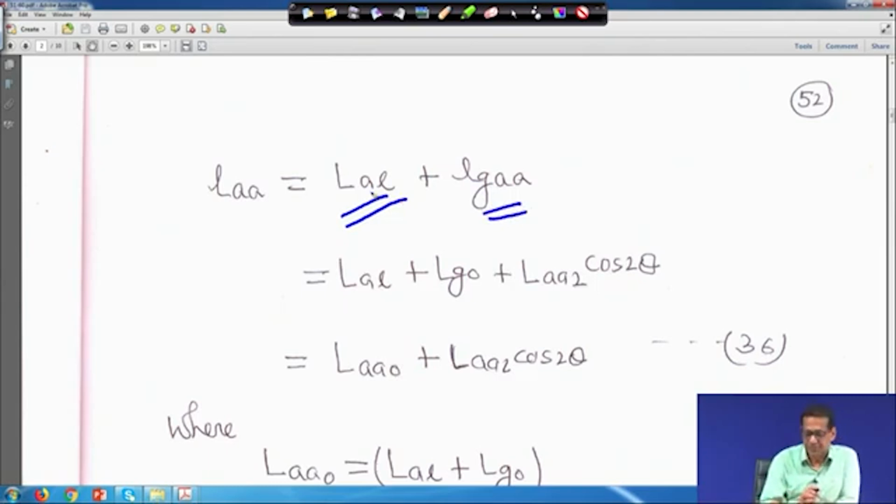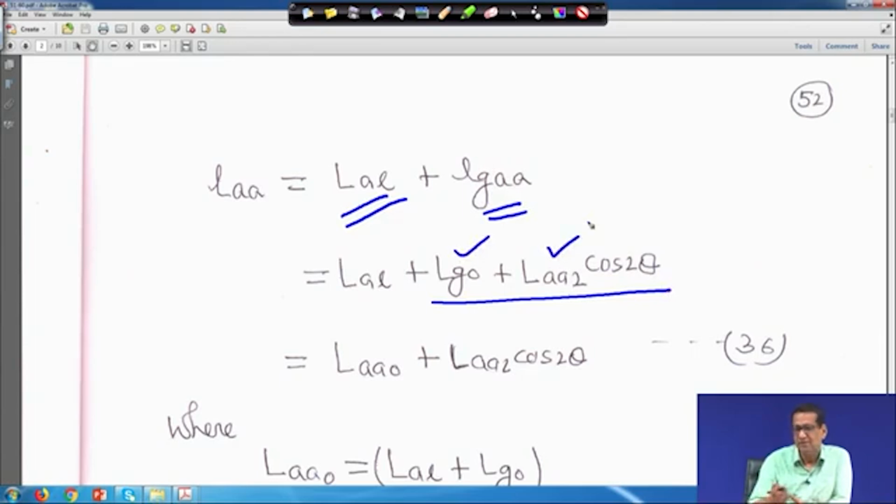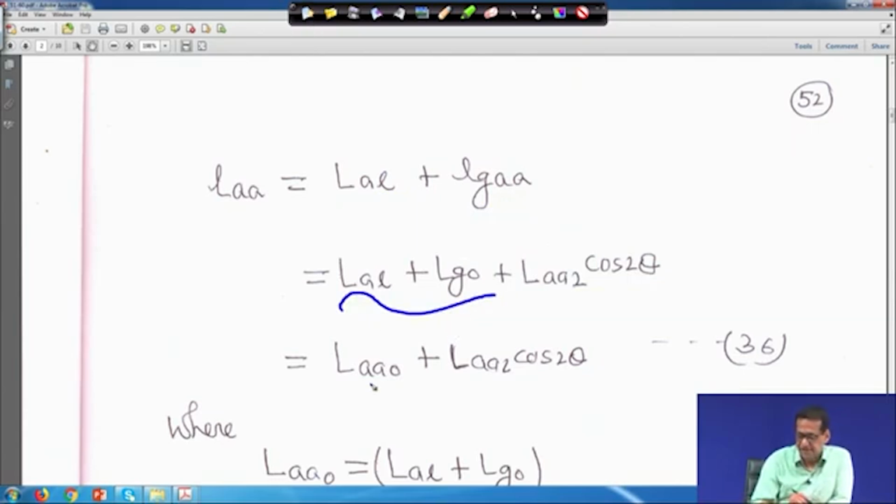L_g0 and L_AA2 we have defined just in the previous page. So this can be written as L_AA0, where L_AA0 is L_Al plus L_g0, plus L_AA2 cos 2 theta. This is equation 36.